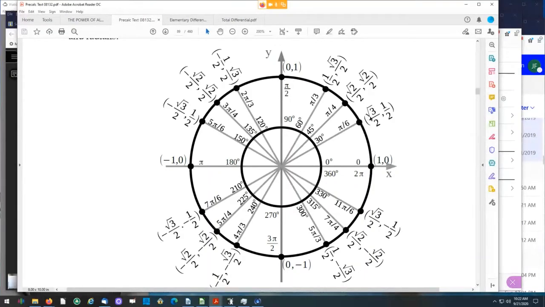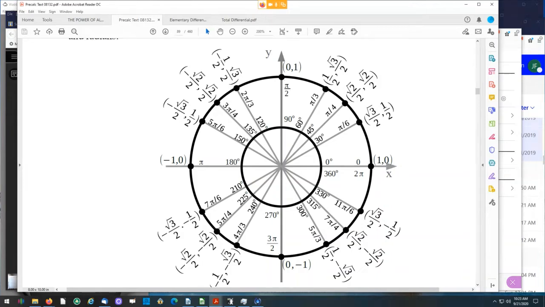So for example, if I put in the arc sine, the inverse sine of 1/2, I'm at the angle 30 degrees, or pi over 6. If I put in the inverse sine of the square root of 2 over 2, meaning approximately 0.707, I will get 45 degrees, or pi over 4.